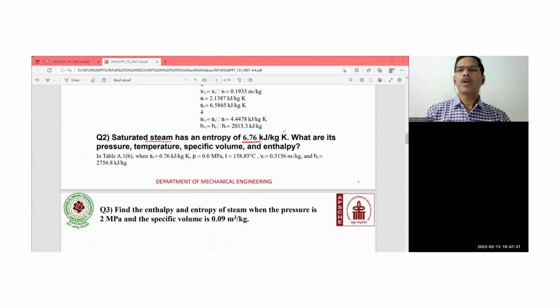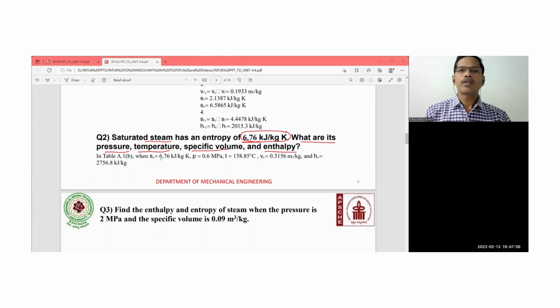From the steam tables, you have to identify where this particular value, 6.76, is located, and corresponding to it, find its pressure, temperature, specific volume, and enthalpy. The saturated steam's entropy is listed in the steam tables at some location; you have to identify that one.